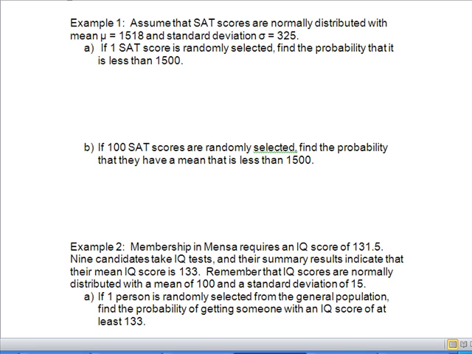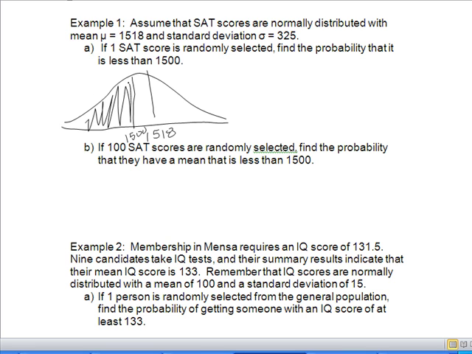So z, and this is our old z-score formula, 1500 minus 1518 divided by 325. That's going to be negative 18 divided by 325, and I'm getting negative 0.055. So negative 0.06 would be my z-score.